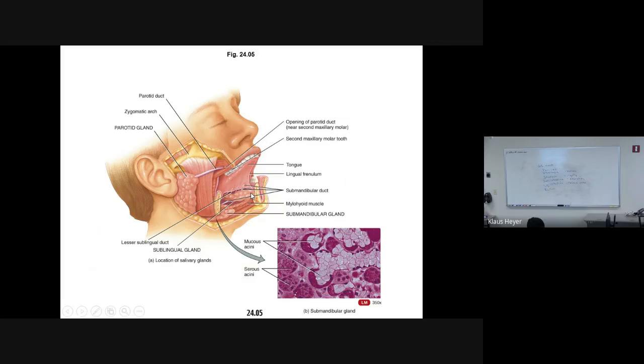Oh, here we go. I didn't even mean to go to the next slide, but there's your parotid ducts, your parotid salivary glands, and there's the duct. So that's on the side of your mouth. And then there's your submandibular duct and gland, and then there's your sublingual gland.